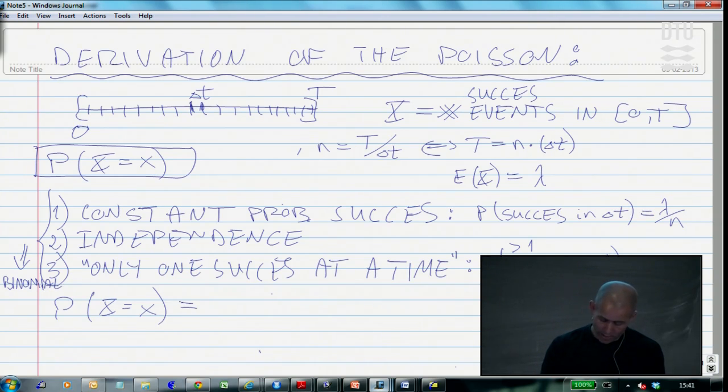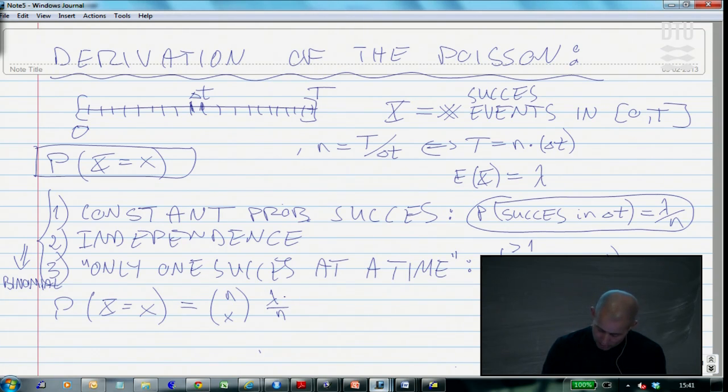So we state that the relevant probability is given by the binomial using the underlying p of success in a single experiment, which would be (lambda over n) to the power x, times (1 minus lambda over n) to the power n minus x.